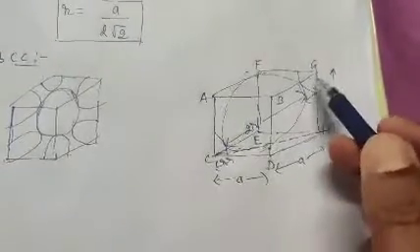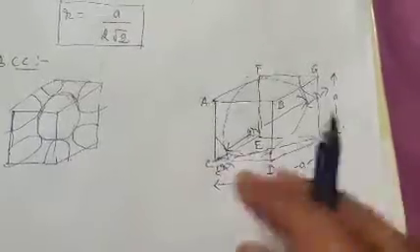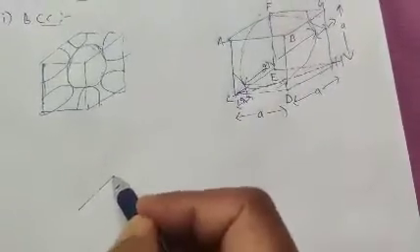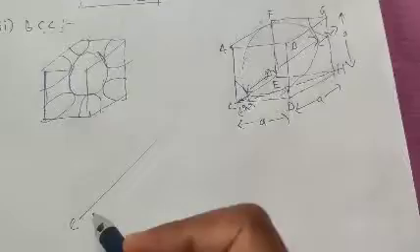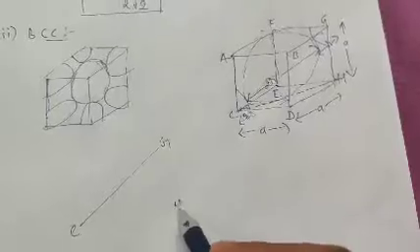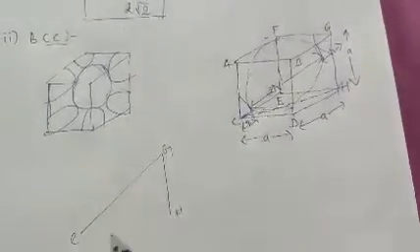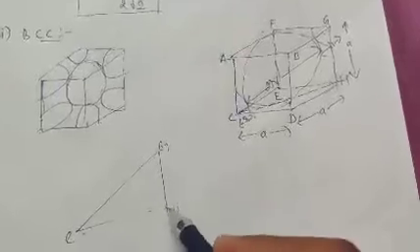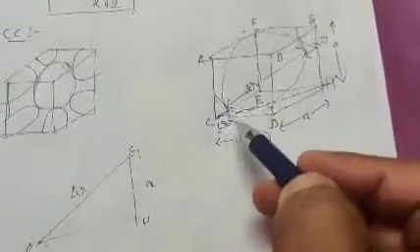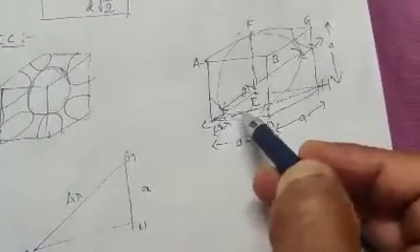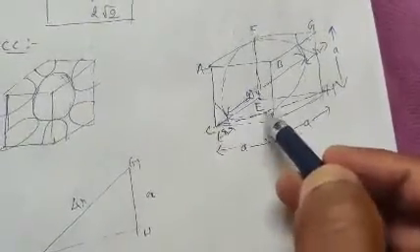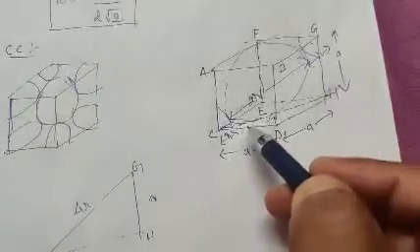We have CG is 4r and this will be a. Now we have to calculate this CH. This CH will be calculated from the right angle triangle CHD.